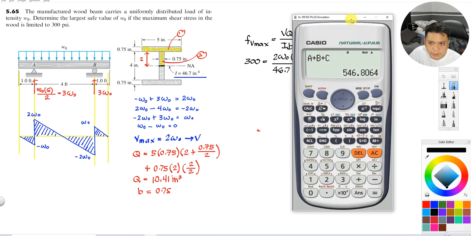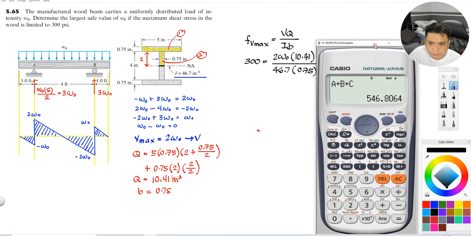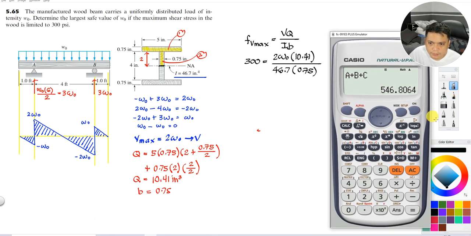In the calculator, if we are going to do that, I will enter 300, then equal, like equal alpha and then equal. So 2W, and I will use X for W, the variable I am looking for, multiplied by 10.41 all over 46.7 multiplied by 0.75.